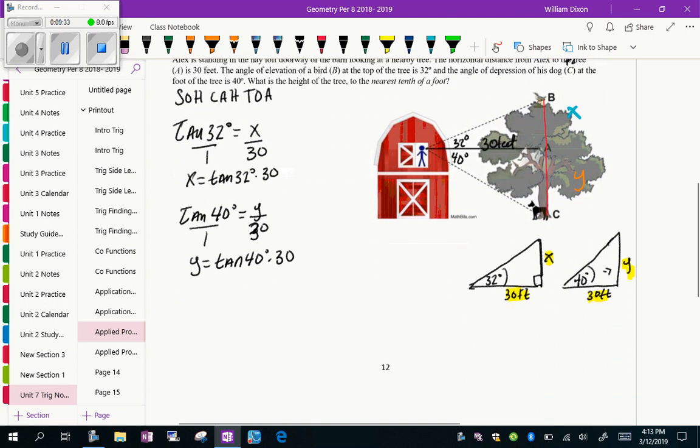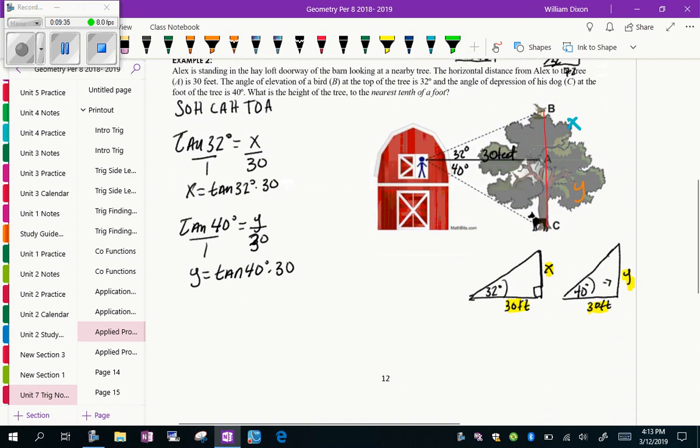For this problem, it sets up a little differently because now I have to add those two sides. I have to add my X and my Y. So my distance is going to equal X plus Y, or my distance equals the tan of 32 degrees times 30 plus the tan of 40 degrees times 30.